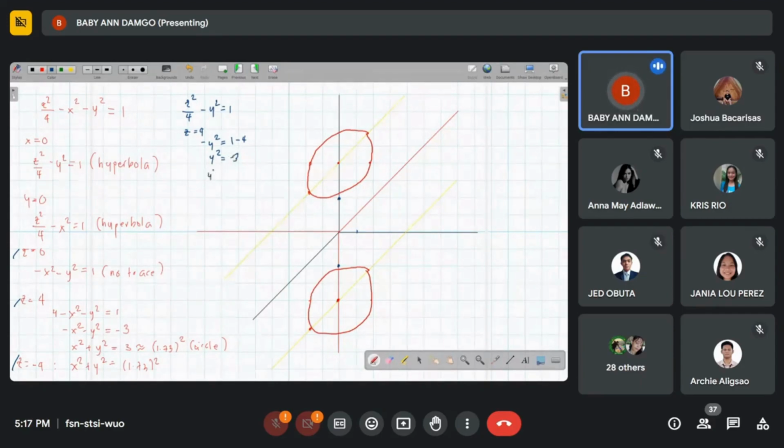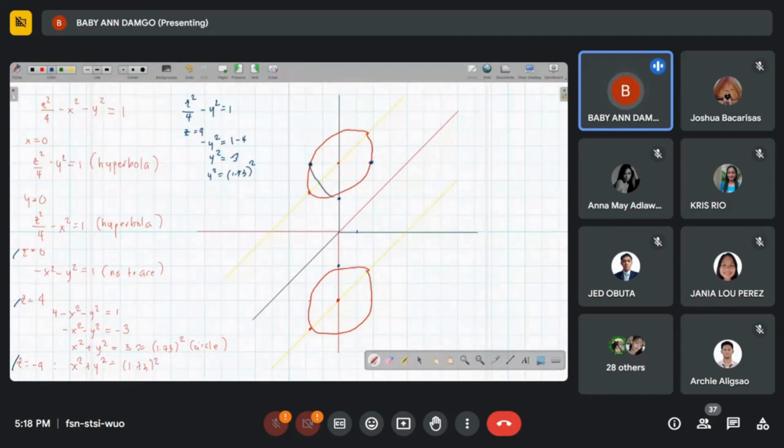This is 1.73. Here it intersects at y. So our assumption is correct.